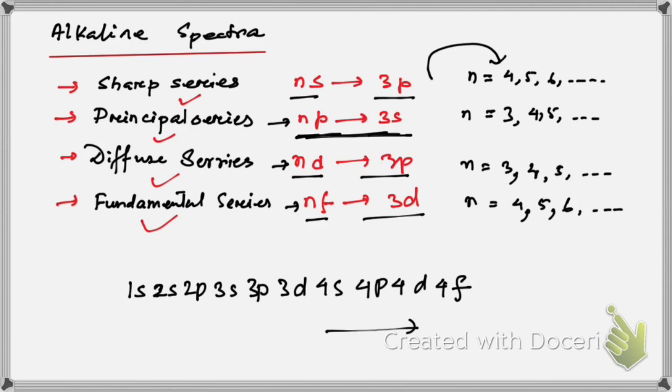Now you see, from ns to 3p, this should be the higher energy level. Compared to 3p, 3s is lower in energy level, so we take the value of n before s as 4, because 4s is higher than 3p, right?